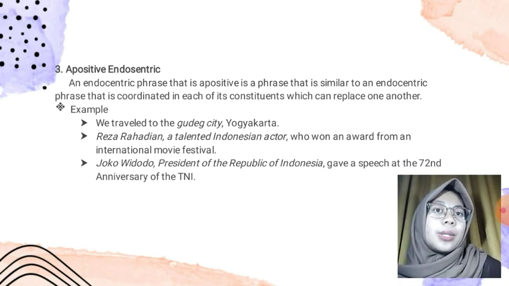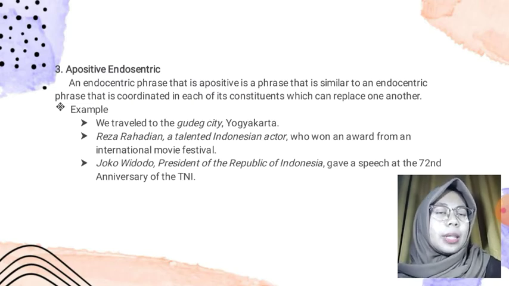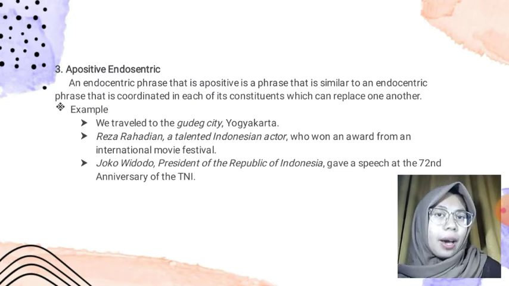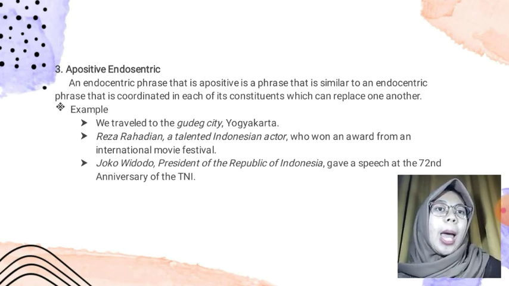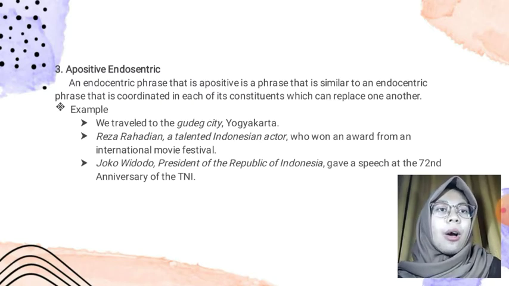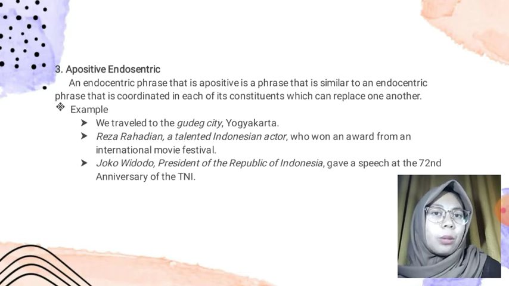So the examples are: the first one is, we traveled to the good city Yogyakarta. So the appositive endocentric is good city. The second one is: Reza Rahadian, a talented Indonesian actor who won an award from an international movie festival.